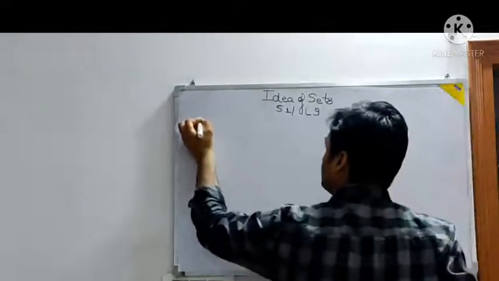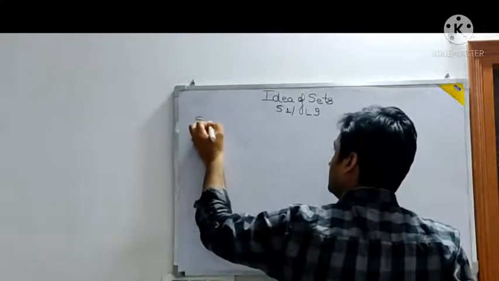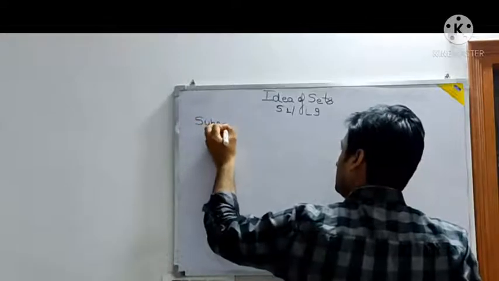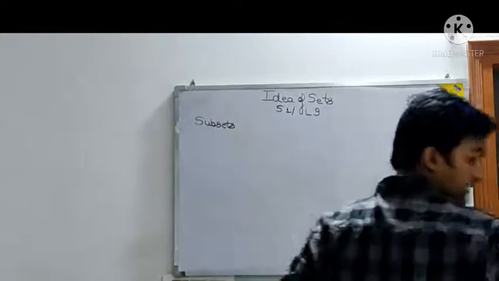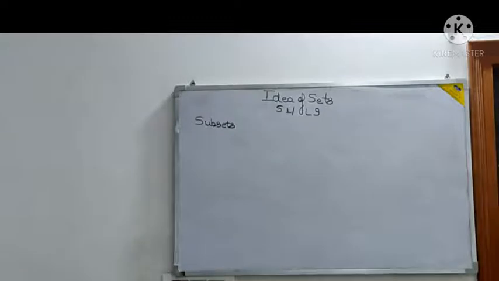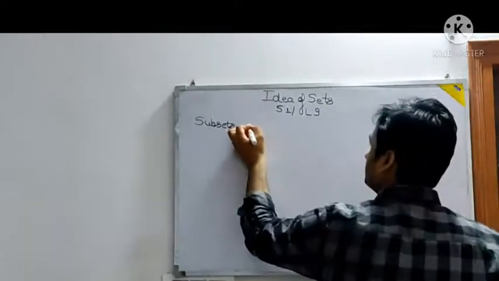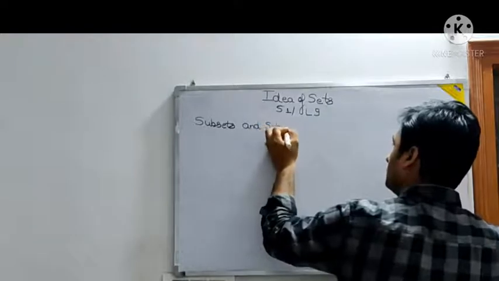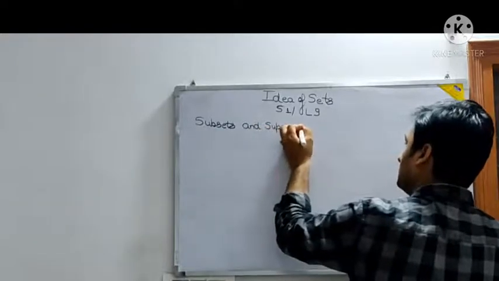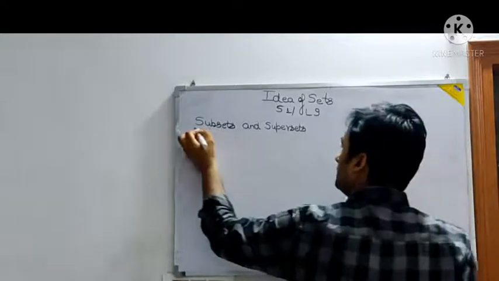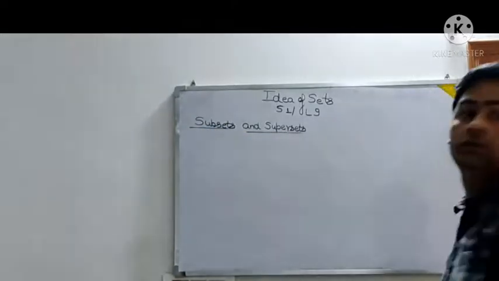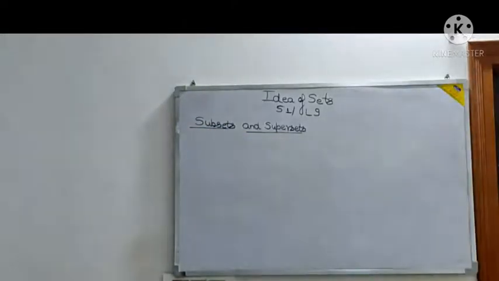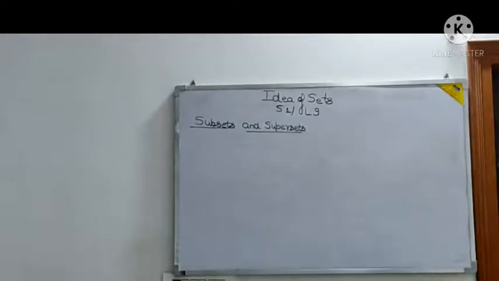Next article is subsets and supersets. So see, when we talk about subsets and supersets, children, what is important is what you should know first: the definition part of it.